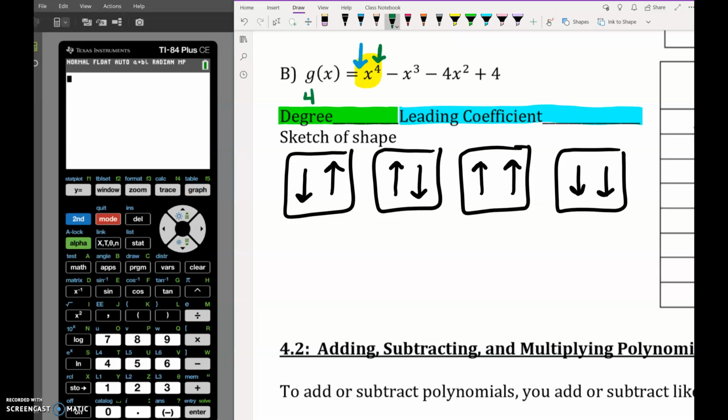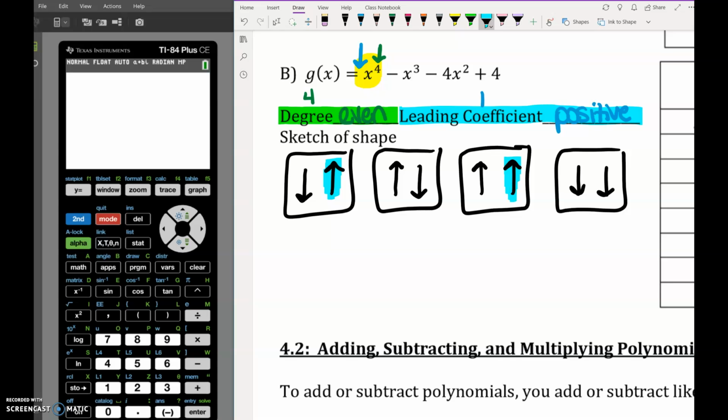Okay, the degree is 4. That is an even number. The leading coefficient, what number is in front of this term? 1. A +1. That is positive. Okay, a positive leading coefficient means that the right side needs to point up.